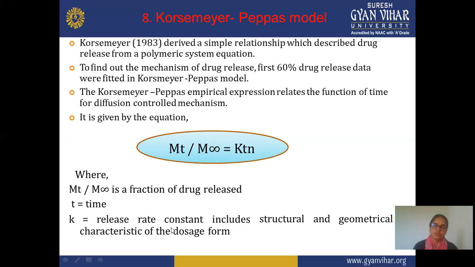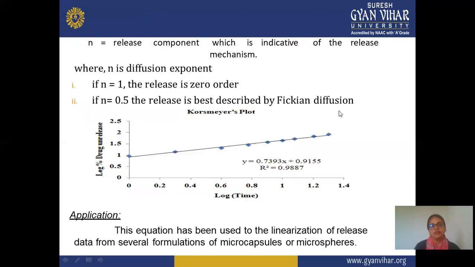And K is the release rate constant, including structural and geometrical characteristics of the dosage form. The n is the release exponent, which is indicative of the release mechanism, how the drug is released from a tablet.